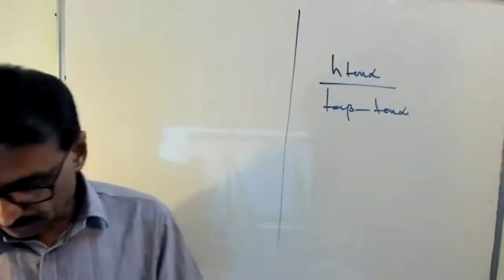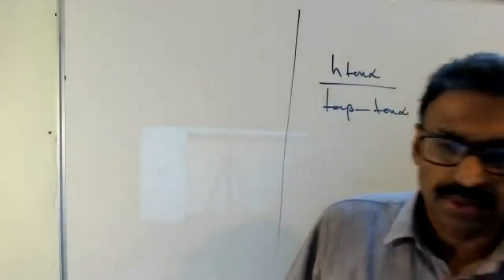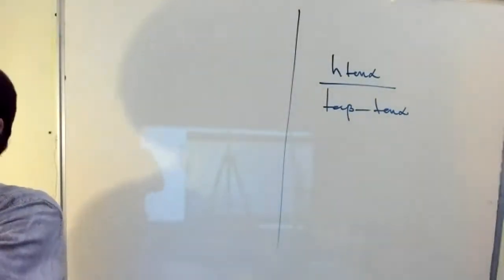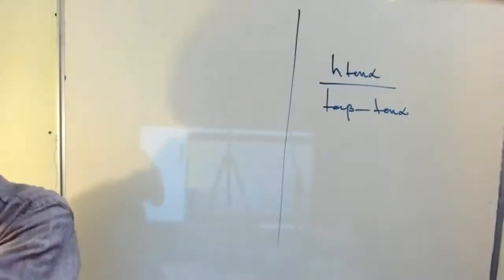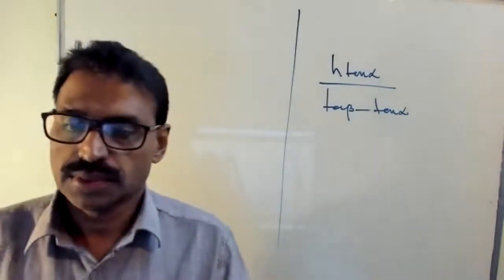Prove that the height of the tower is h tan alpha divided by tan beta minus tan alpha. Clear or not? Is it okay now?